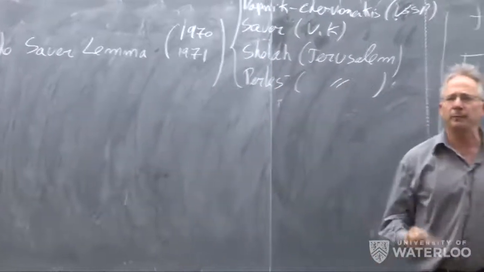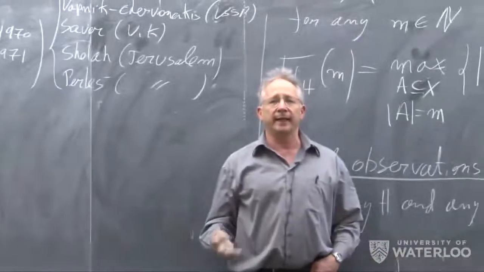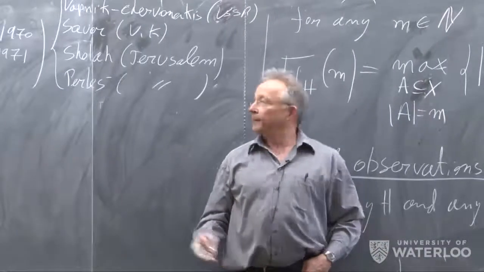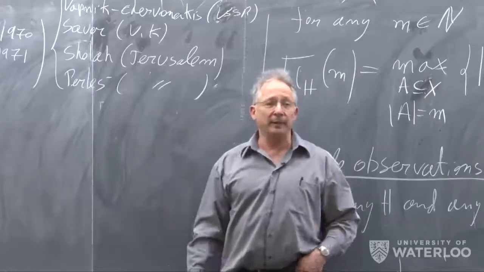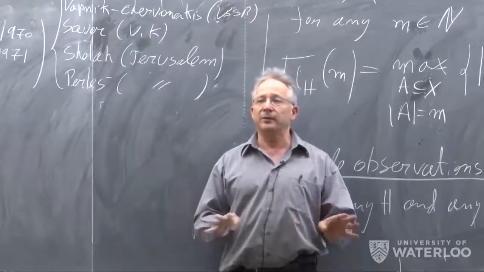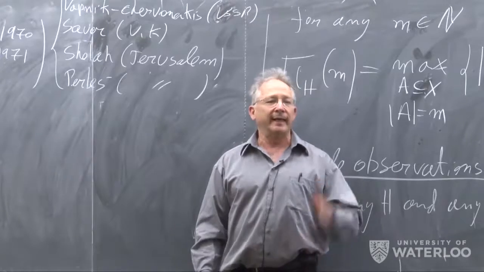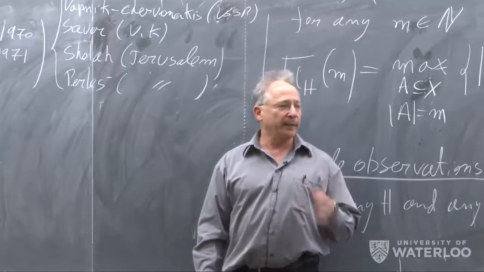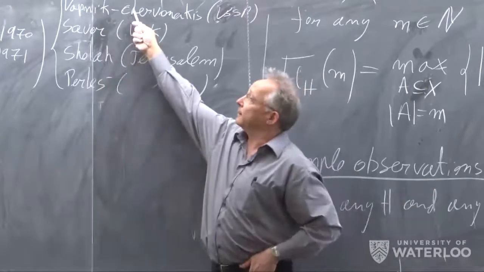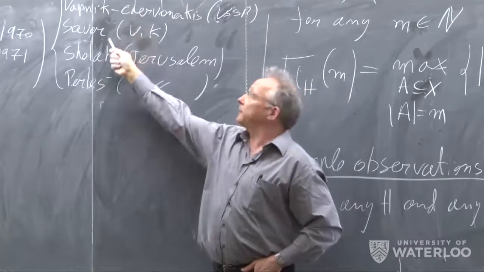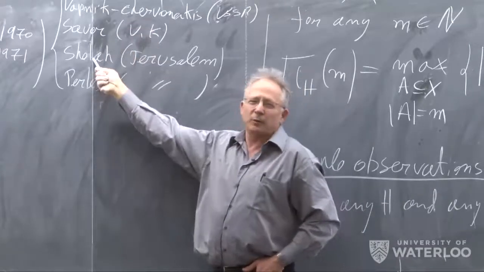The interesting part from the point of view of history of science is that at least three or four different people, without communicating with each other, discovered the same result at roughly the same time, each of them for completely different purposes. Vapnik and Chervonenkis are statisticians. Sauer was doing combinatorics. Shelach was doing model theory.